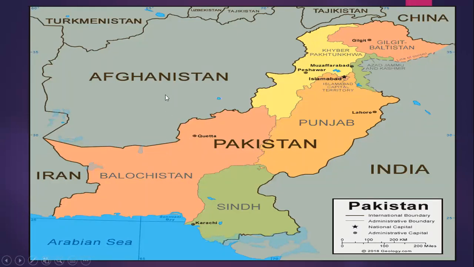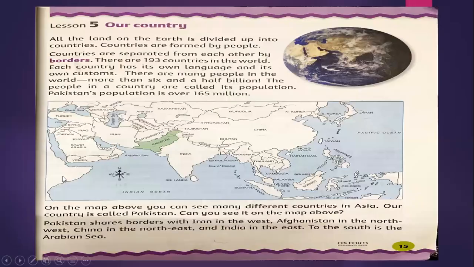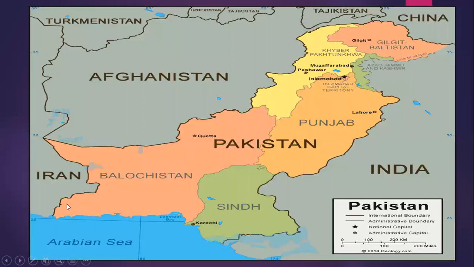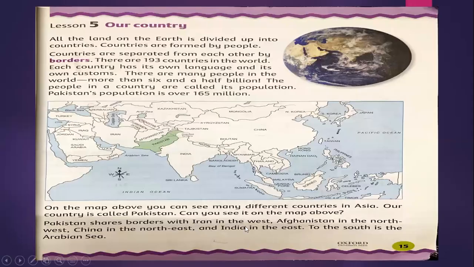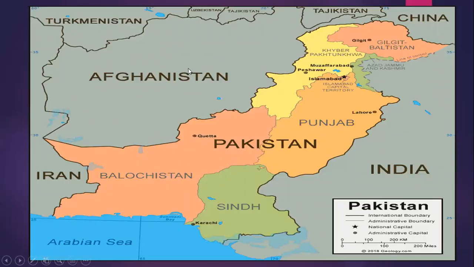Afghanistan, here in the northwest. First, Iran in the west. Look, this is the west of Pakistan. Then Afghanistan in the northwest, a little bit up and at the west side.